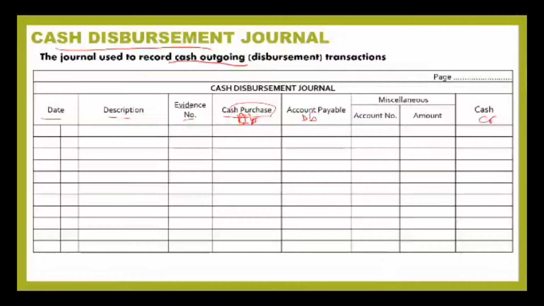And then the miscellaneous is, as I said before, for the return, since it is the cash, you must credit the cash, or you must pay back the cash. So this would be about the return of the sales.